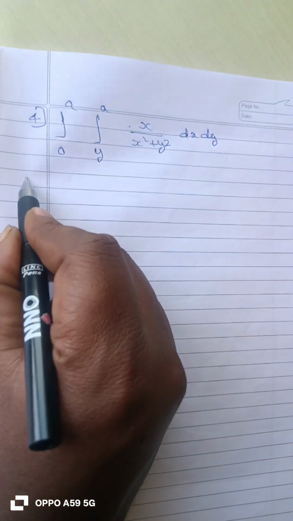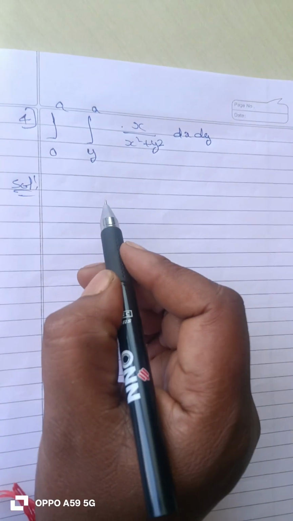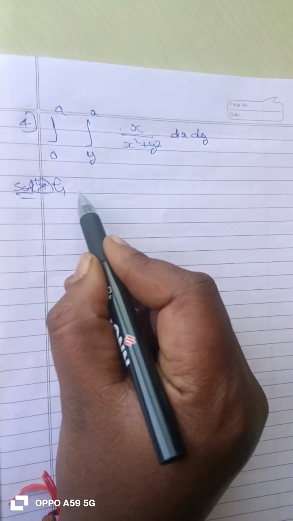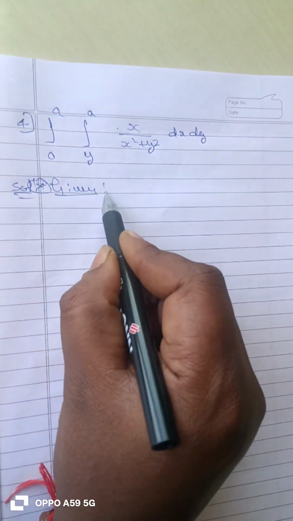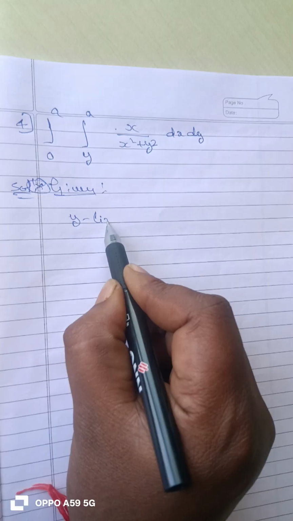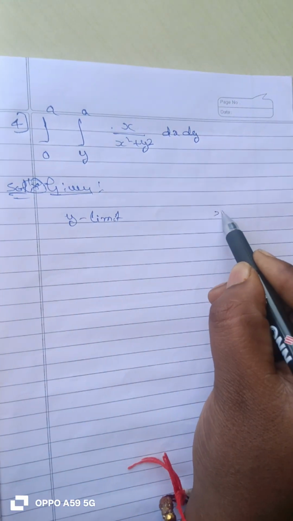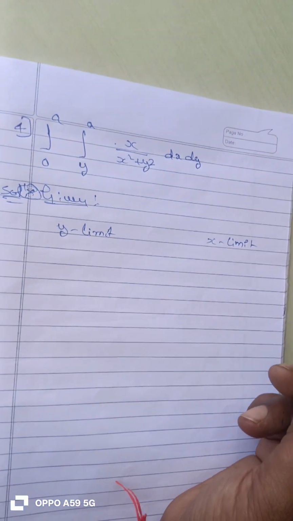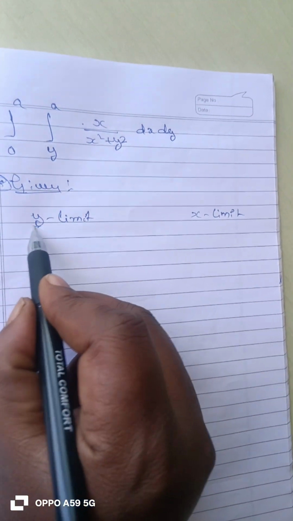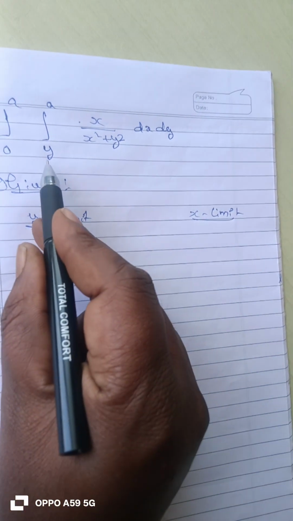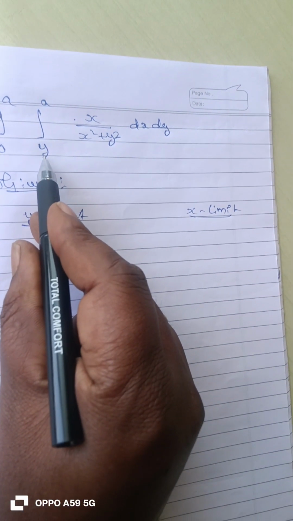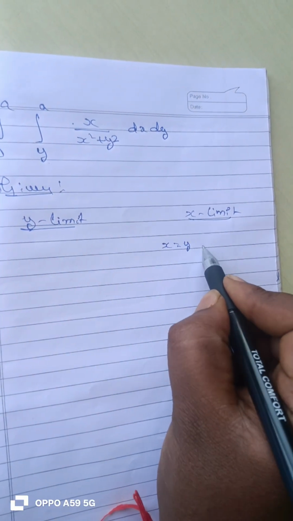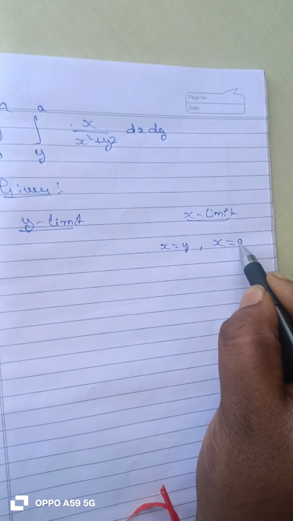Next problem, let us see the same changing of order. For this given problem, y limit, x limit. If you observe, y is the variable, it means x limit, x is equal to y, and one more x is equal to a.